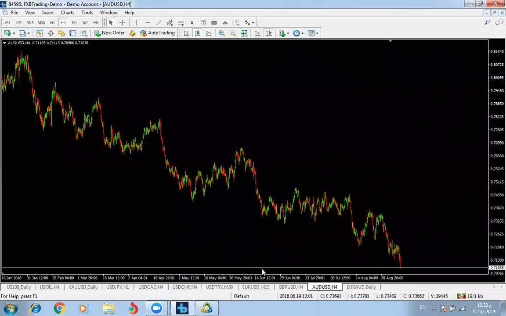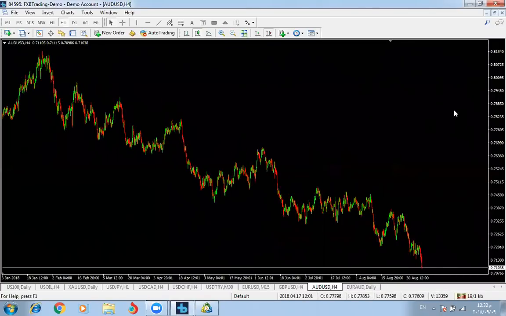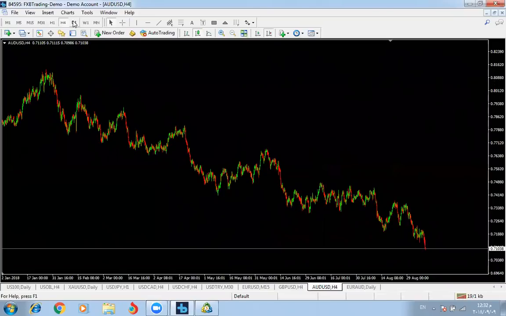Let me move to the Aussie dollar. Actually, Aussie is a straightforward bearish movement. The whole movement is like this. This is A, B, and C. This is the first corrective structure.